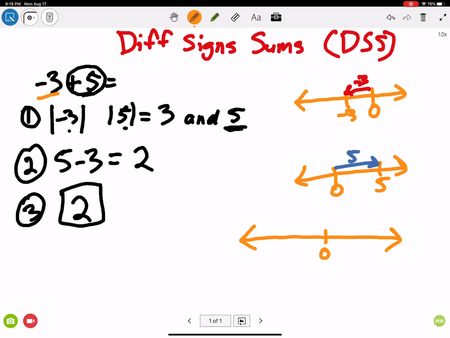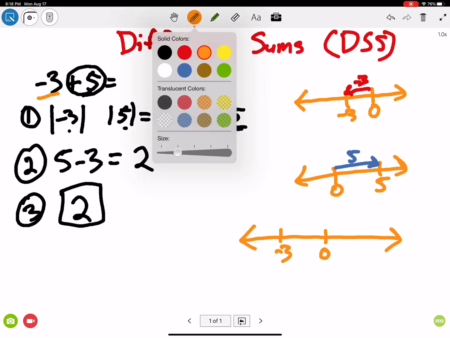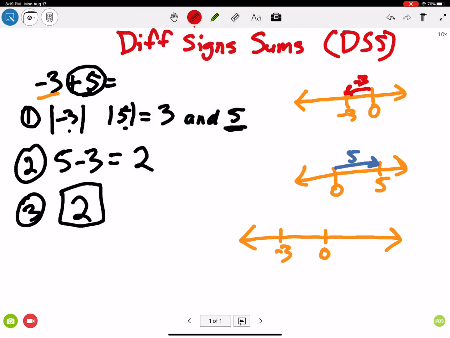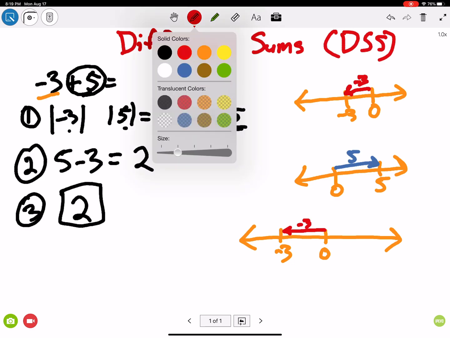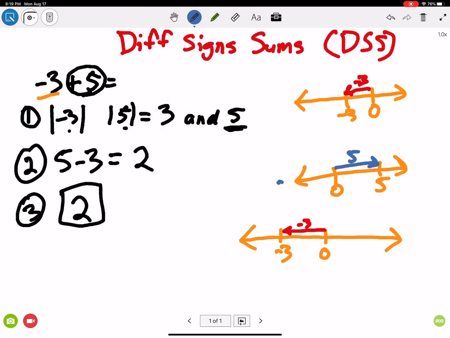Well, -3 means that we're going to go to the left 3. Okay, we went to the left 3. And then we're adding 5. Well, we just showed you, when I add 5, I actually go to the right 5.